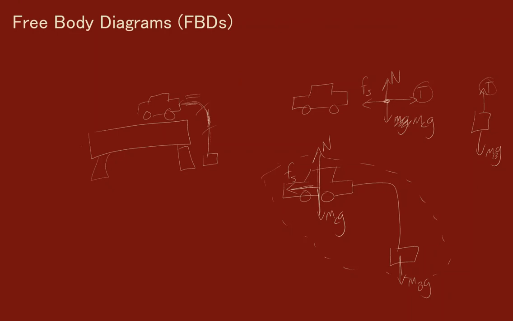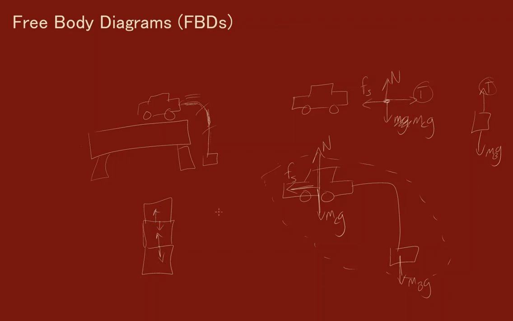We can draw them for an entire system of objects, like if I'm stacking blocks. The bottom block acts on the middle, the middle acts on the top, and the top acts on the middle.